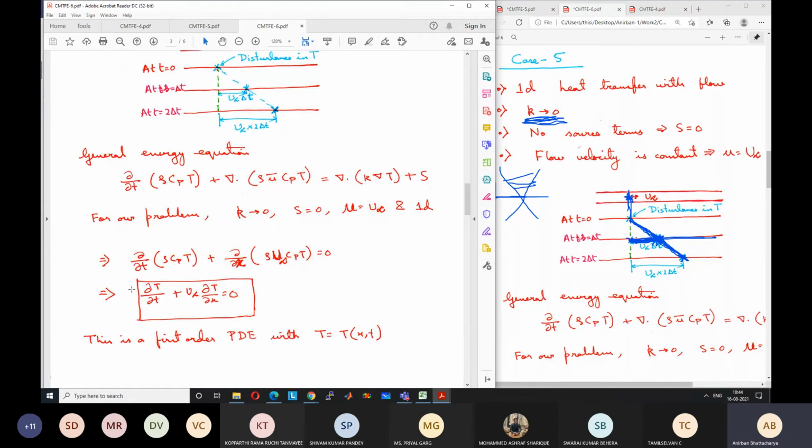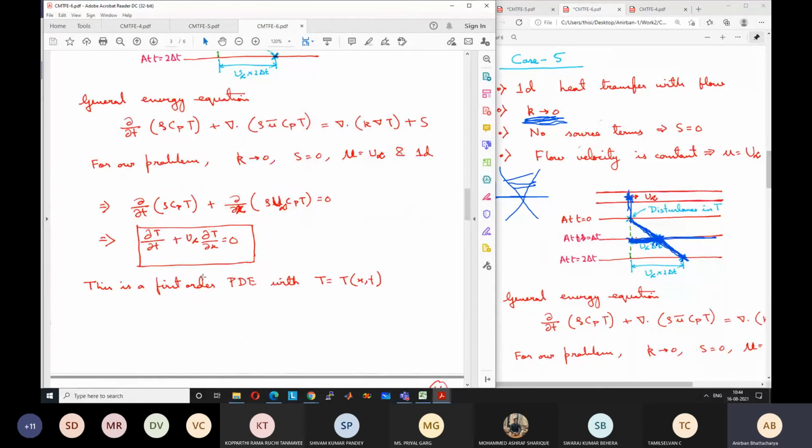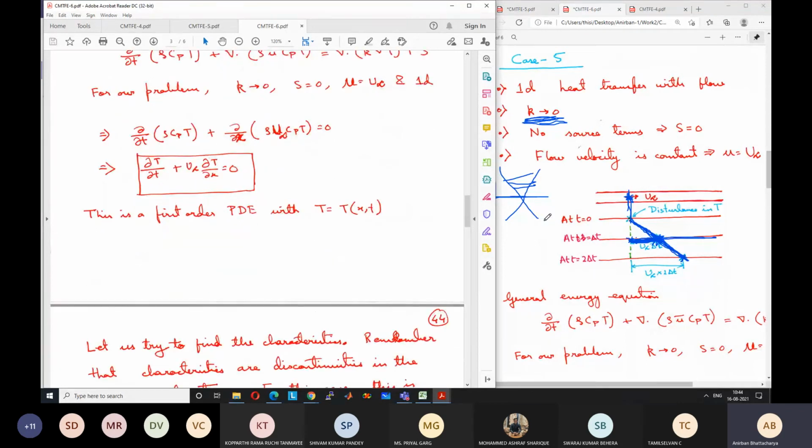That is what we are seeing here. This is hyperbolic in nature, but because it is first order, it has a single characteristic line. A single characteristic line does not mean that the equation is parabolic.